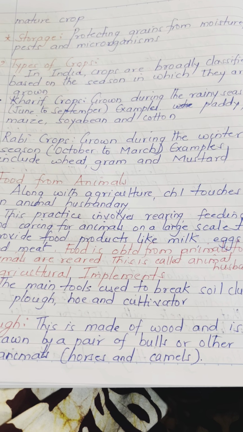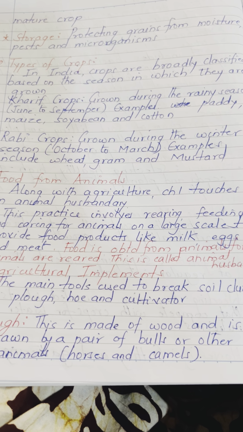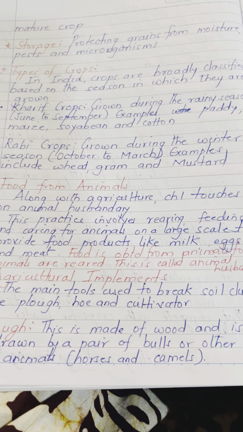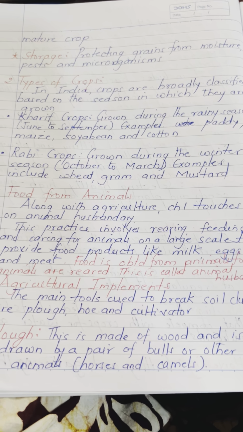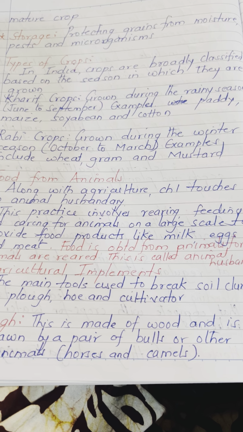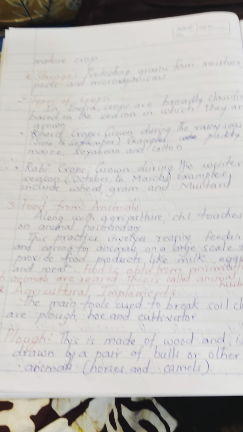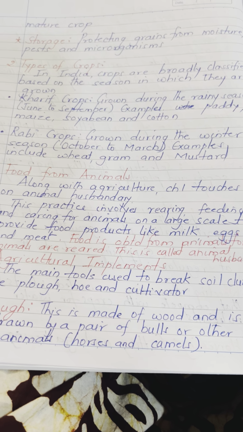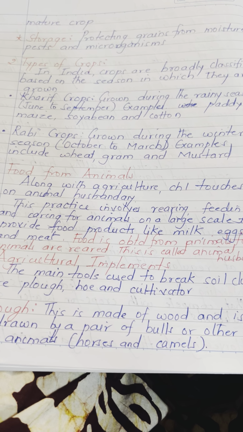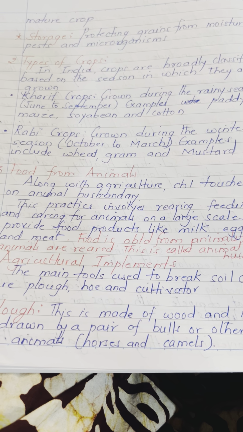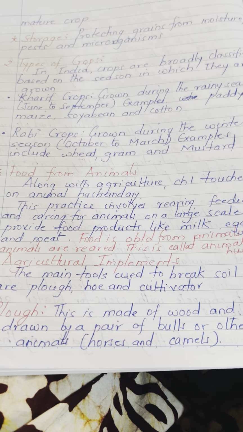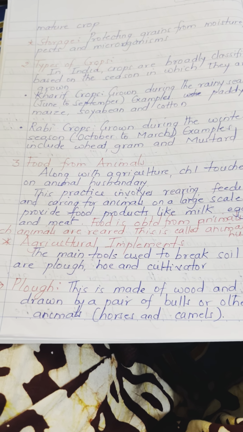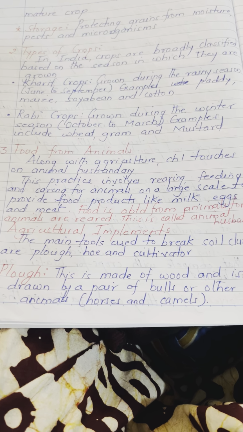Examples: paddy, maize, soya bean and cotton. Next we have Rabi crops, grown during the winter season, October to March, and the examples are wheat, gram and mustard. So both the types are clear to you? Okay.